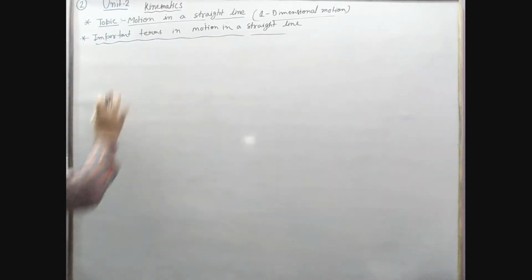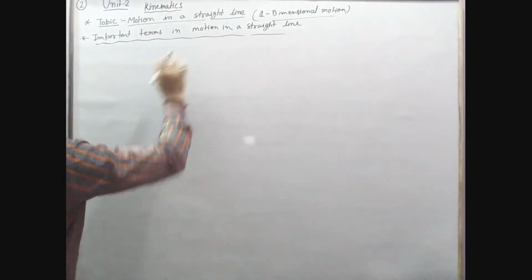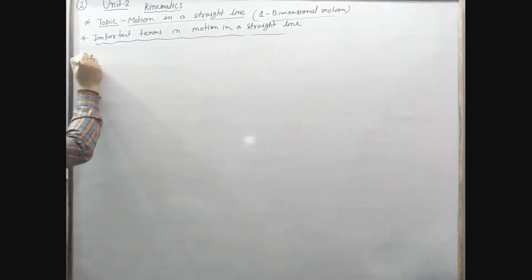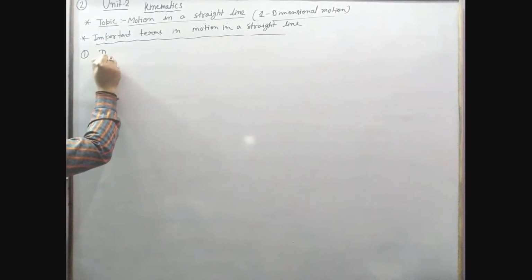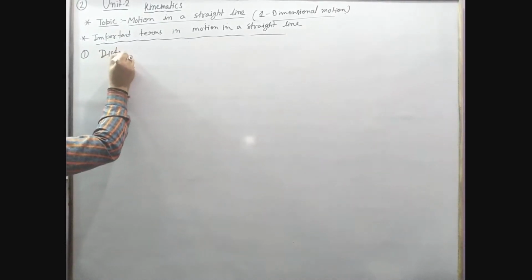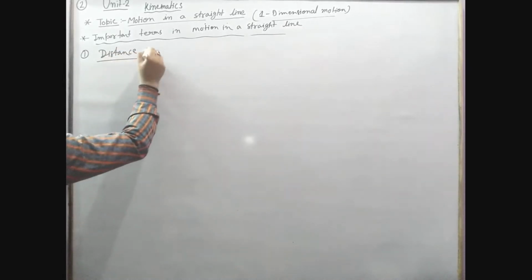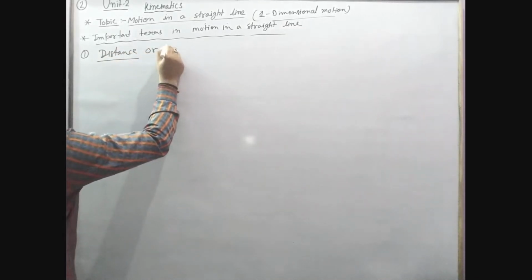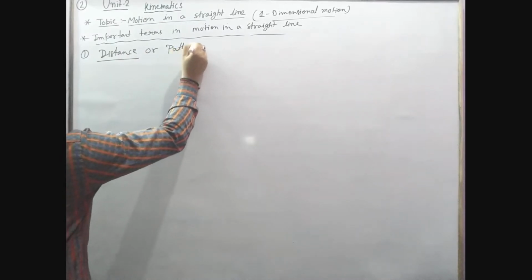Okay. Now the important terms in motion in a straight line. The first important term is distance, or you can also say path length.